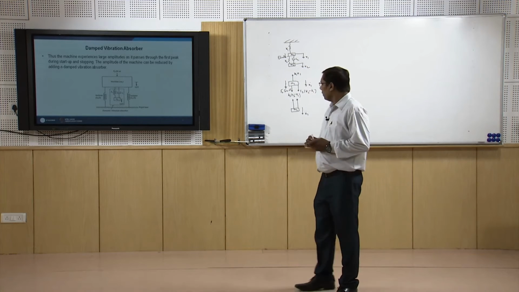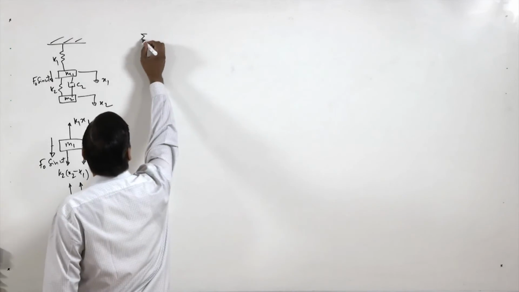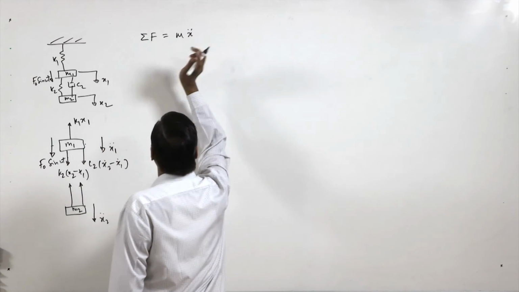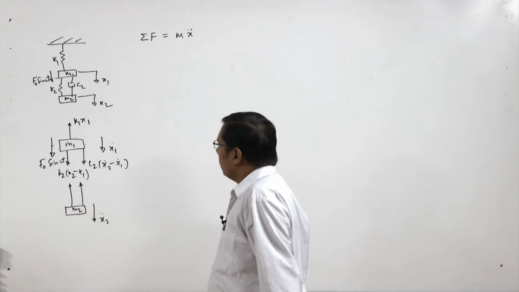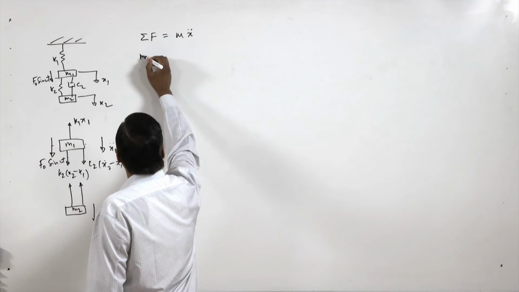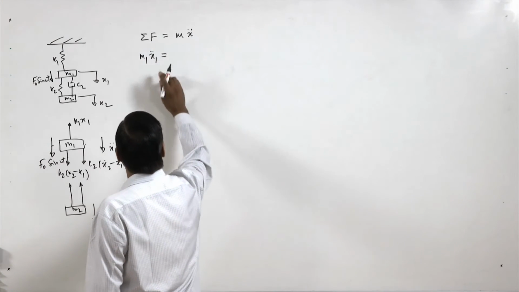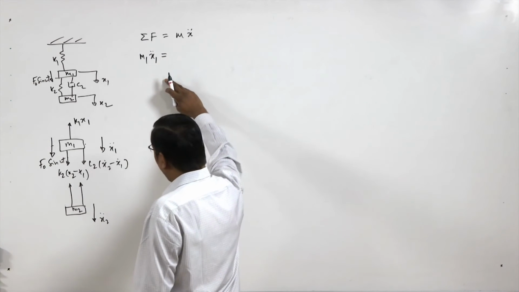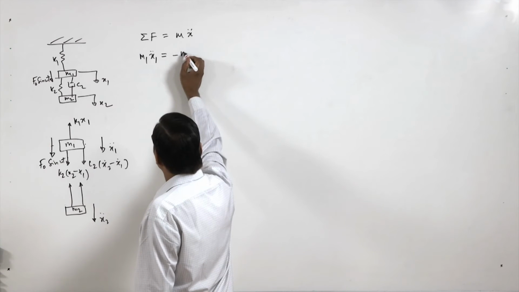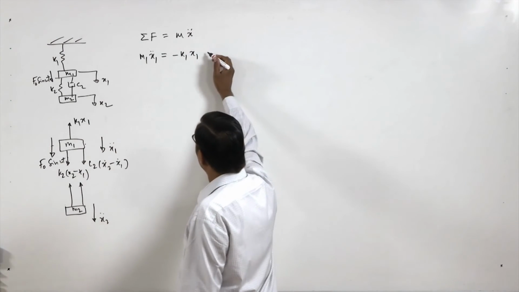Now we can write the equation of motion. So we can have sigma f equal to m x double dot. So for the first mass we can write m1 x1 double dot equal to, we have the forces minus k1 x1 because this is opposite to the x1 double dot.